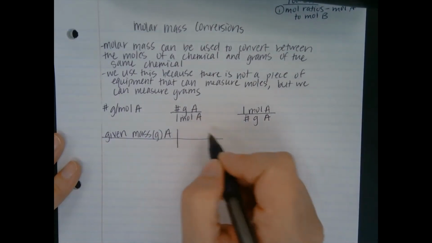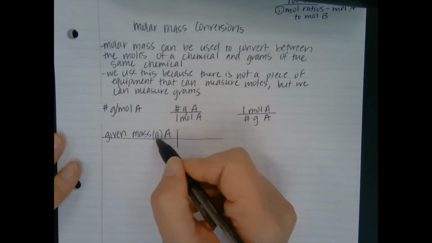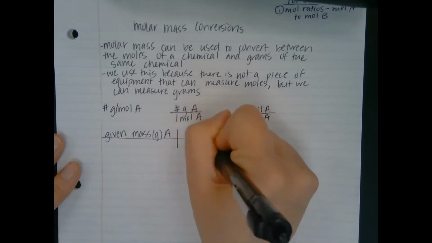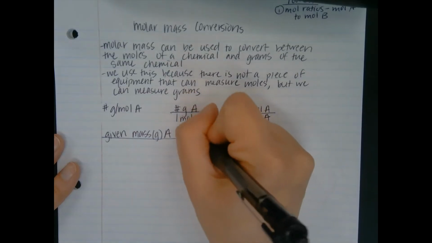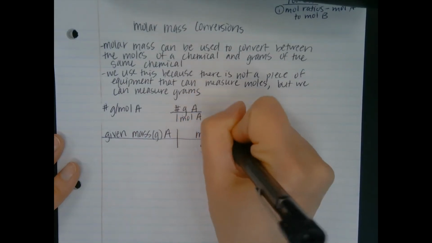Okay, and if I'm going to solve this, I can use my grams and drop them down to the bottom. So grams of A cancel with grams of A. And remember, A is just a placeholder for some chemical or element. Okay, and using molar mass, I would be solving for moles of that chemical.